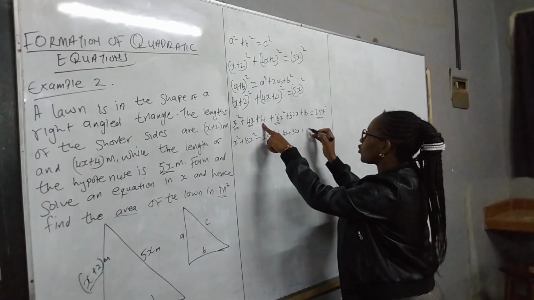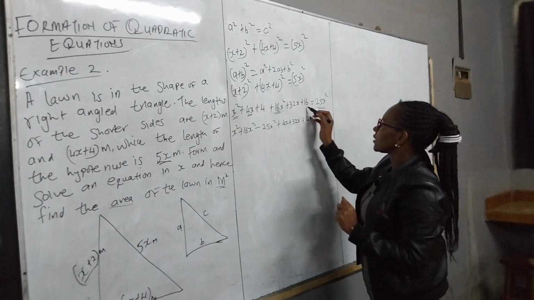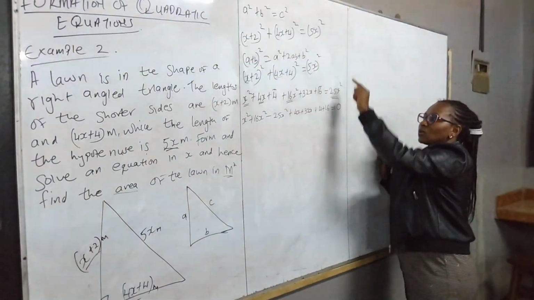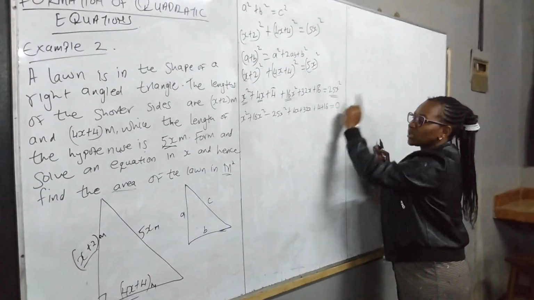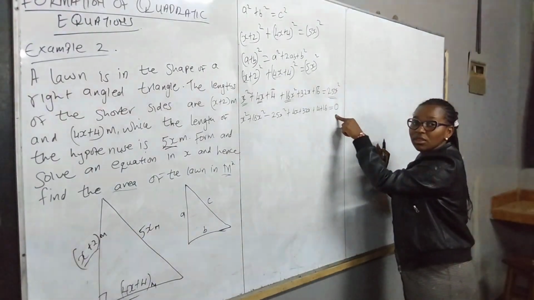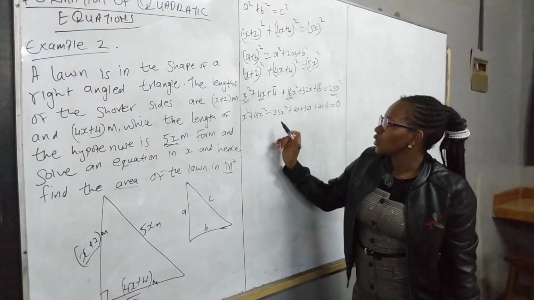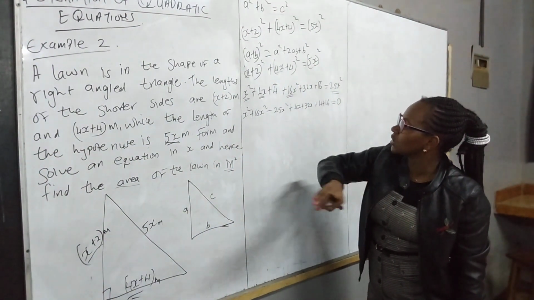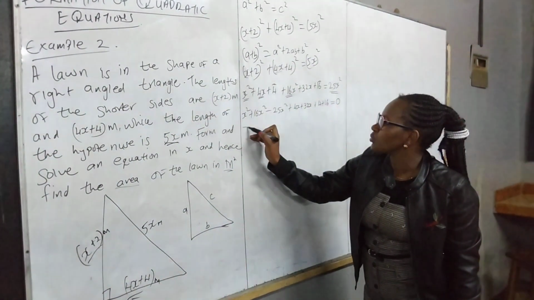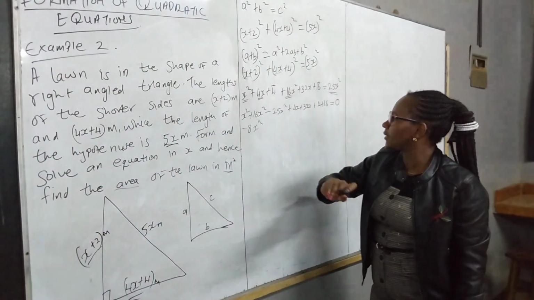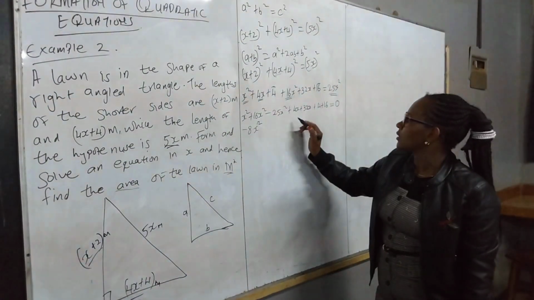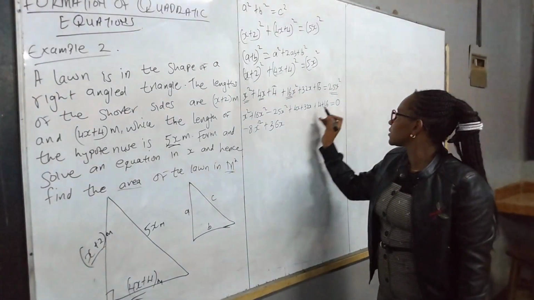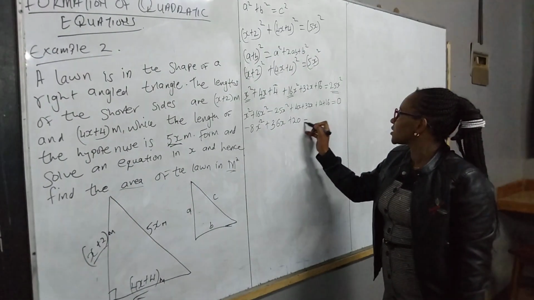So we have 4 plus 16 is equal to 0, because the other side, after taking away 25x squared, is left with 0. So this one is going to be negative 8x squared, okay, 4 plus 32, that is the positive 36x, then plus 20 is equal to 0.